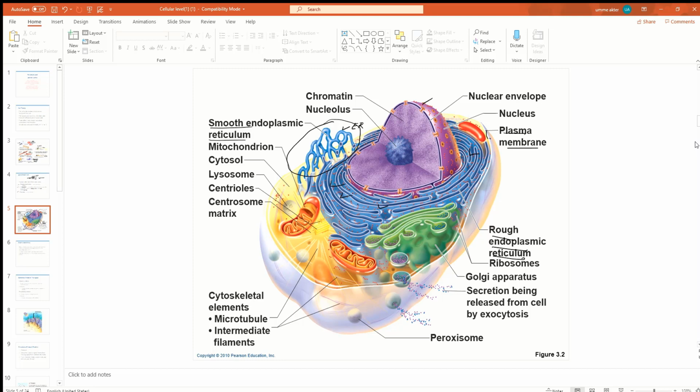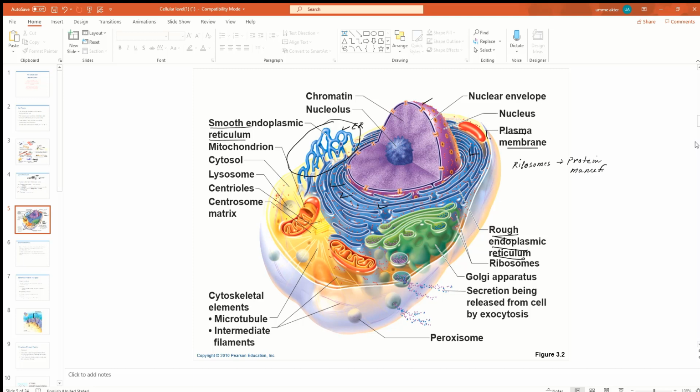Okay. Now ribosomes, these tiny structures, do what? The ribosomes are very important because they produce or manufacture the proteins. Okay, so ribosomes do what?